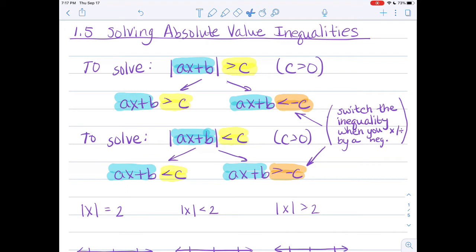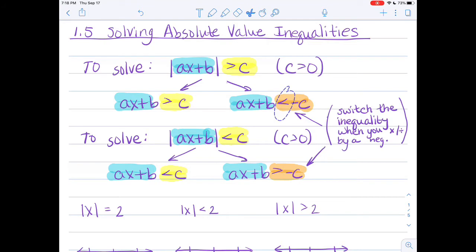First of all, in order to have two solutions, just like we did previously with equations, our C value has to be greater than 0. That's the same. Here's the part that changes. When you break it into two pieces, we have our positive piece that has the same symbol that we have in our original inequality, and we have the negative piece which now has the opposite symbol.